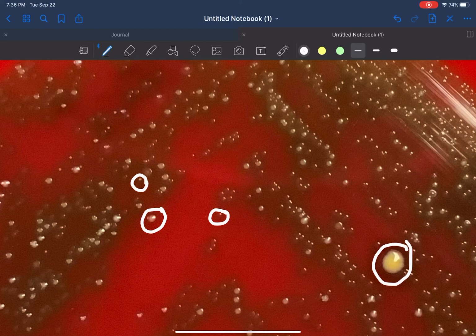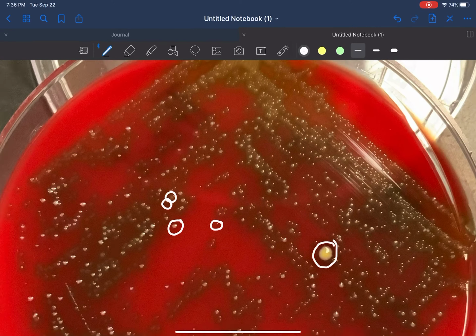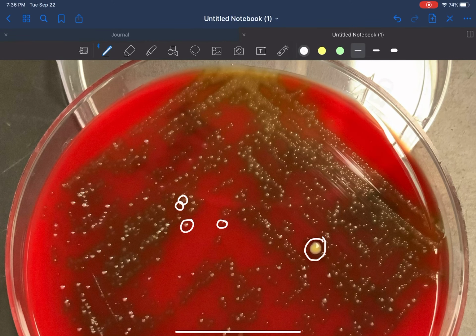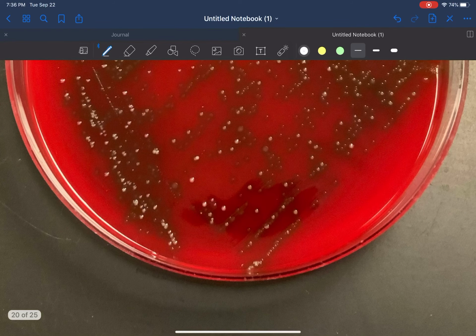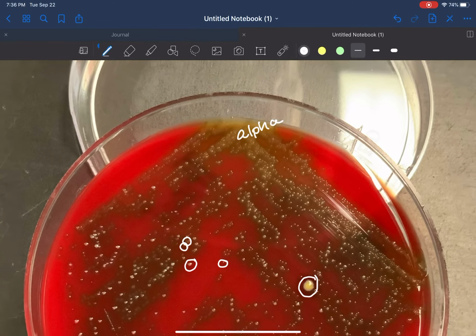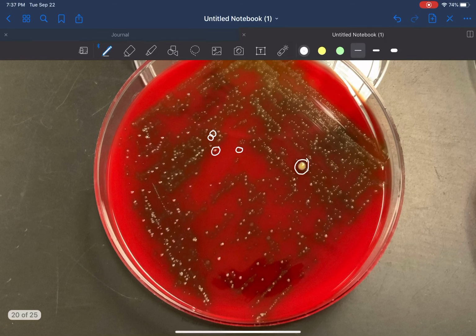And actually this one over here looks a little different. But what we're looking for is beta hemolysis and alpha hemolysis that is mucoid. We see a lot of alpha hemolysis. So this is definitely alpha, the green. It's hard to see any beta here, but we did have some isolation.